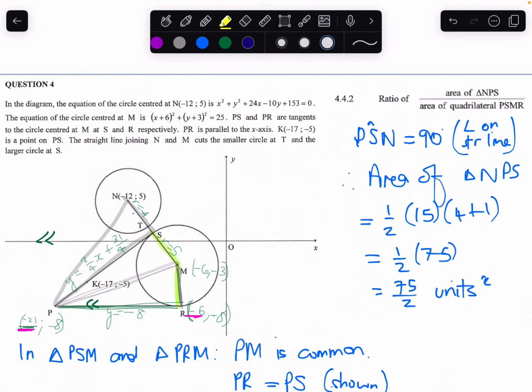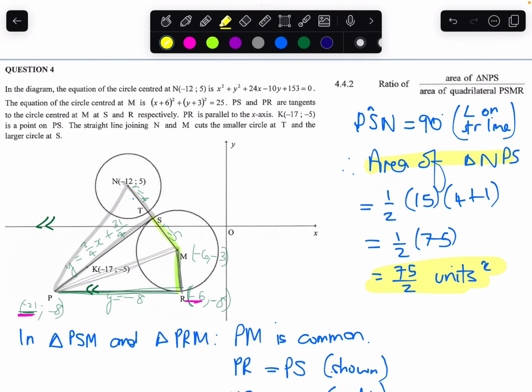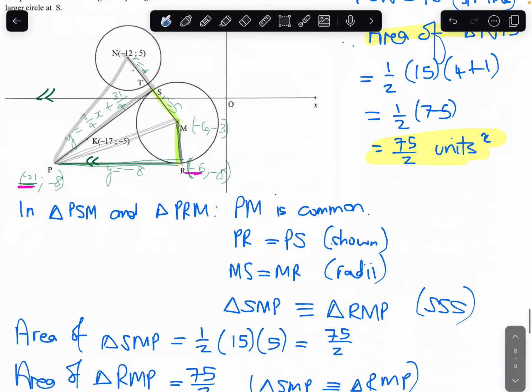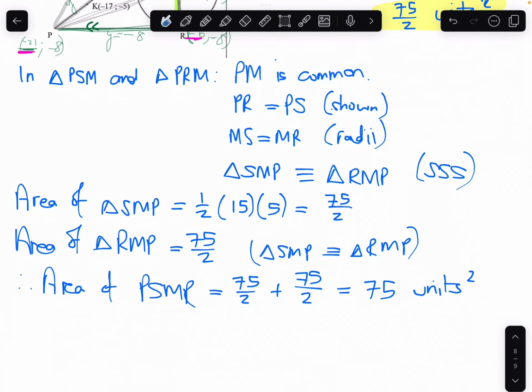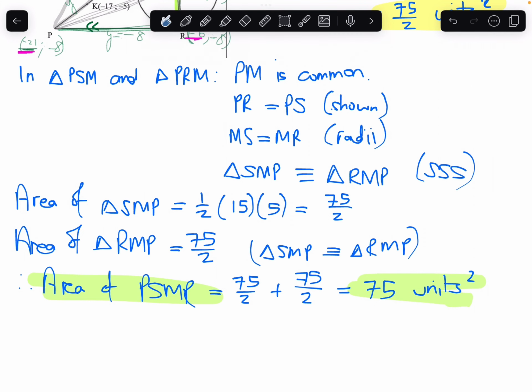Okay, so the first area we needed to work out was the area of NPS, which is over here. And the second area we needed to work out was the area of the quadrilateral PSMR. Okay, so PSMR, that area is over here. So now we can calculate the ratio required.